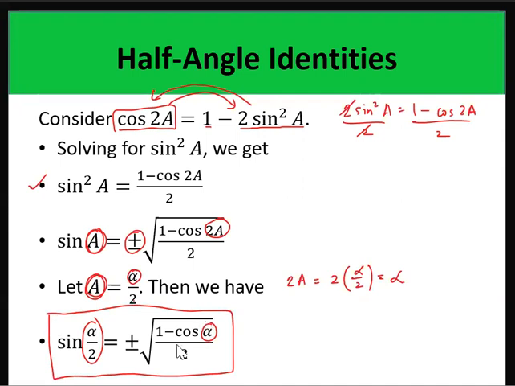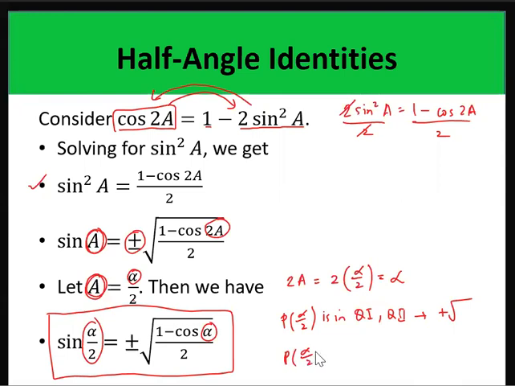Now the question here is, which between the positive and negative sign shall be adopted when we are evaluating sine of alpha over 2? Now to answer that question, we need to know the position of the terminal point of alpha over 2. So if the terminal point of alpha over 2 is in quadrant 1 or quadrant 2, then that means we're going to use the positive square root.